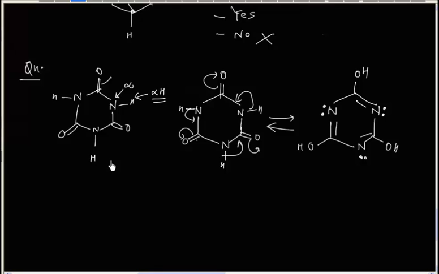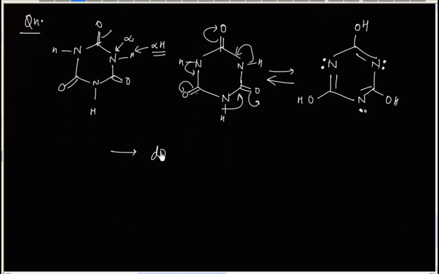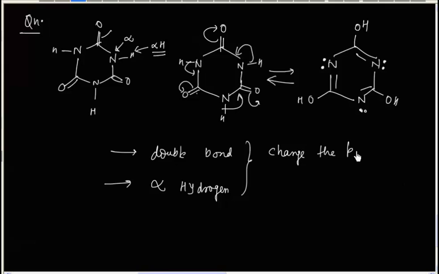So whenever we have to write tautomers, we have to look at a double bond, and we have to look at the alpha hydrogen, and we have to change the position of the double bond and the position of the alpha hydrogen to get the other tautomer.